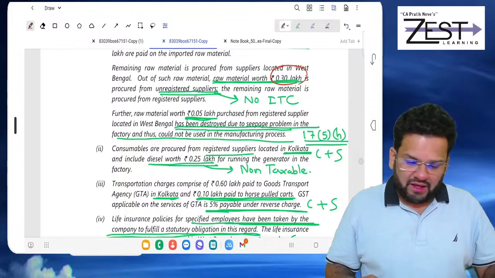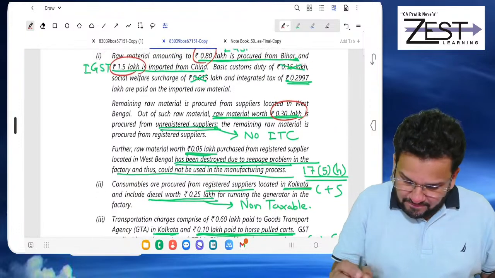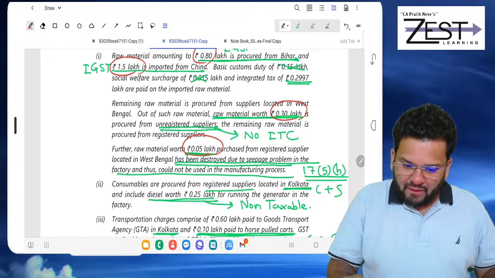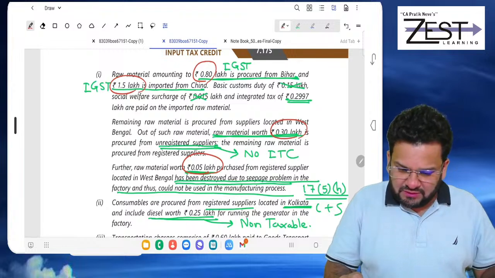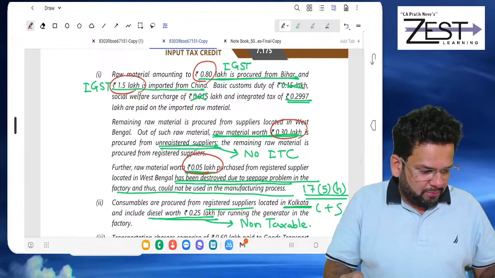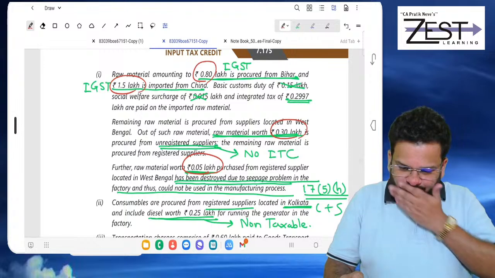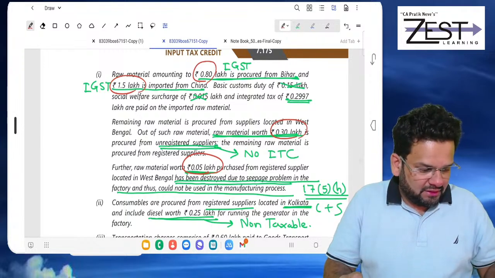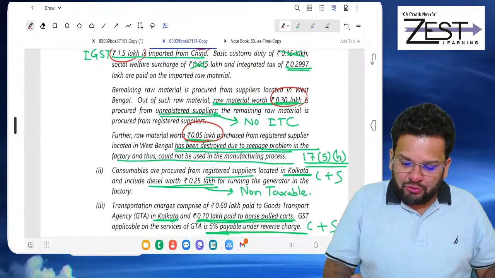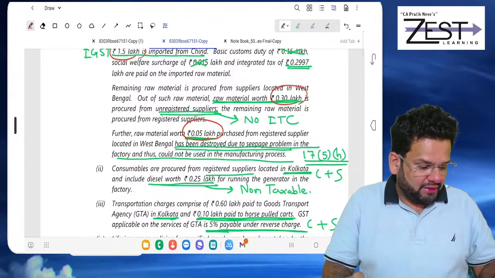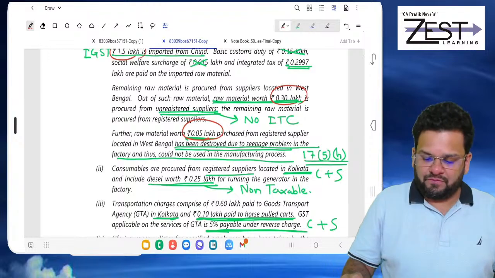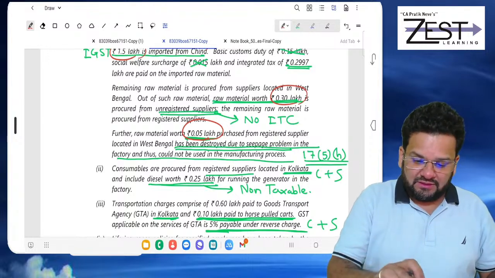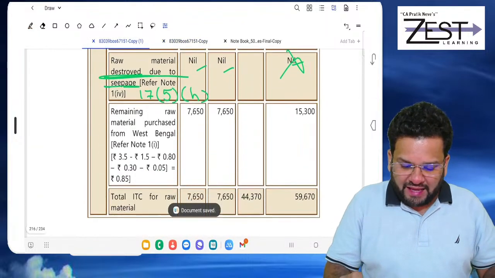So 3.5 minus 0.8 minus 1.5 minus 0.3 minus, Ashima, did you minus this 0.05? So actually you are getting 85,000, means 0.85 lakhs. I am getting 0.85 lakhs.